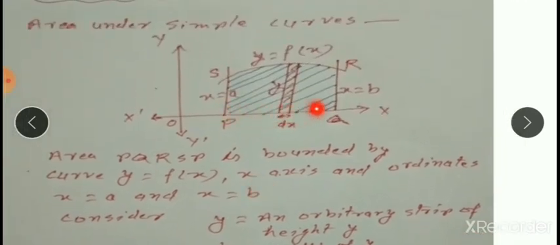We want to integrate that whole area PQRSP. Area of this whole part is given by integration a to b dA, which is integration a to b y dx. y means f(x), so area of PQRSP is equal to integration a to b f(x) dx.